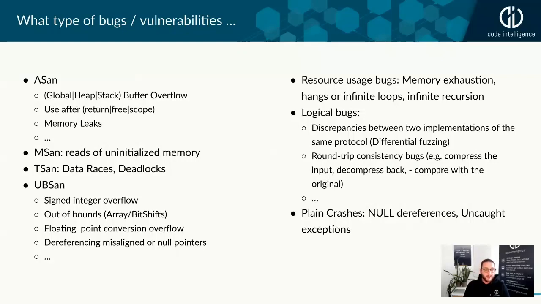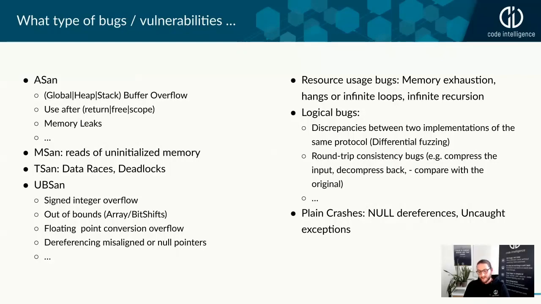On the left side we have all the sanitizers, like the address sanitizer. It's usually good for finding different types of overflows, use-after-free or use-after-scope errors, or in general memory leaks. The memory sanitizer finds reads from uninitialized memory.